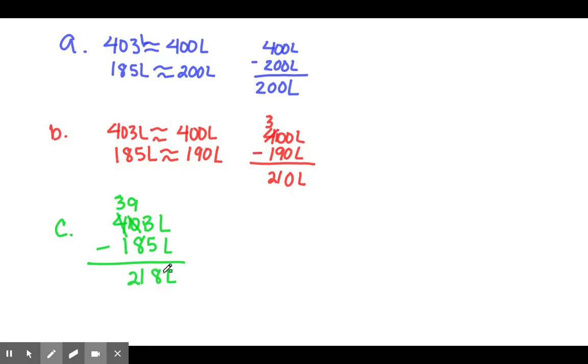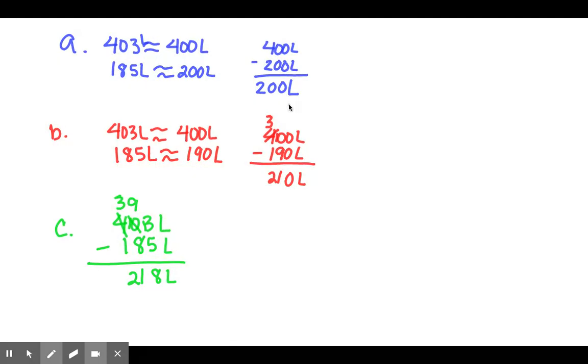So on D, it asks you a different question. It says, is your answer reasonable? In other words, does it make sense or is it too far off? So we're going to look, and yes, our answer is reasonable because it is close to both of my estimates. This number right here is very close to 210 and it is close to 200.